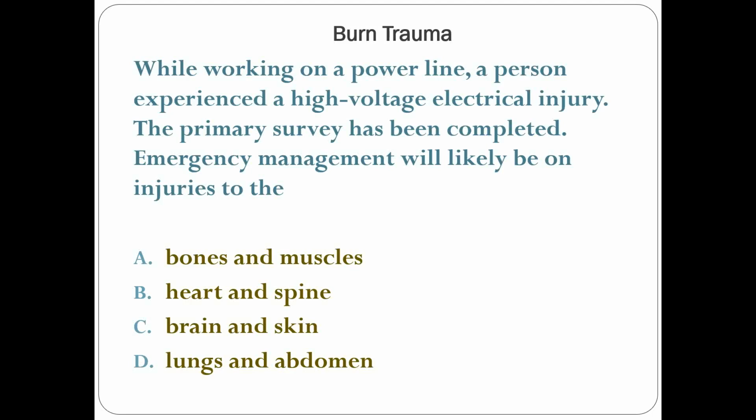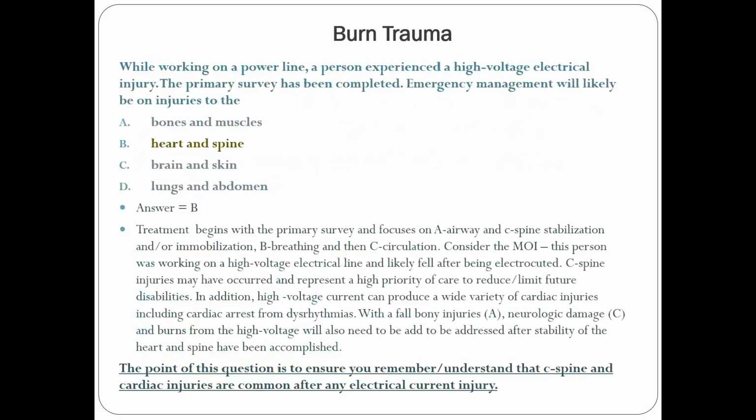So you do have to be very, very aware of the problems with heart and spine. Now, are muscles a problem? Well, sure they are, and we'll talk about why later. But I want you to just get that the heart and spine are big with falls and potential C-spine injury, as well as electrical current and heart rhythm.